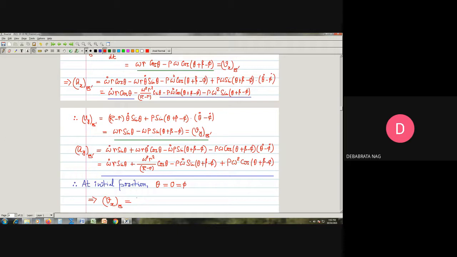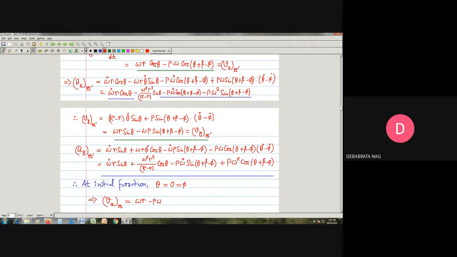It will become omega r cos theta. Oh, sorry, theta is 0, so cos is 1 only. So it will be omega r only. And then we have minus rho into omega, rho omega.